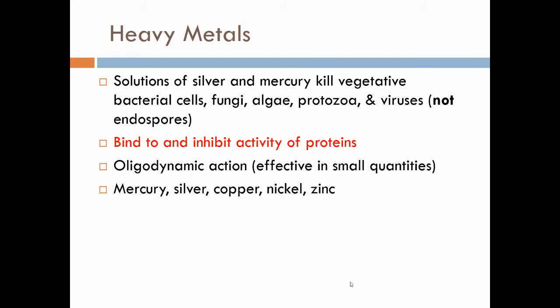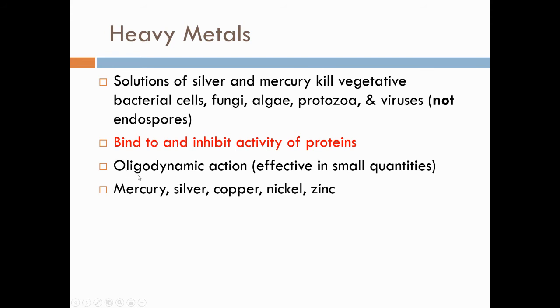It's killing living organisms. They are general biocides. They don't really care what kind of cell you are. And the way they work is these heavy metals will bind to and inhibit the activity of proteins. So they will bind into the enzymes and prevent them from doing their job. And remember, no enzymes, no metabolism, and that's the end of the organism.